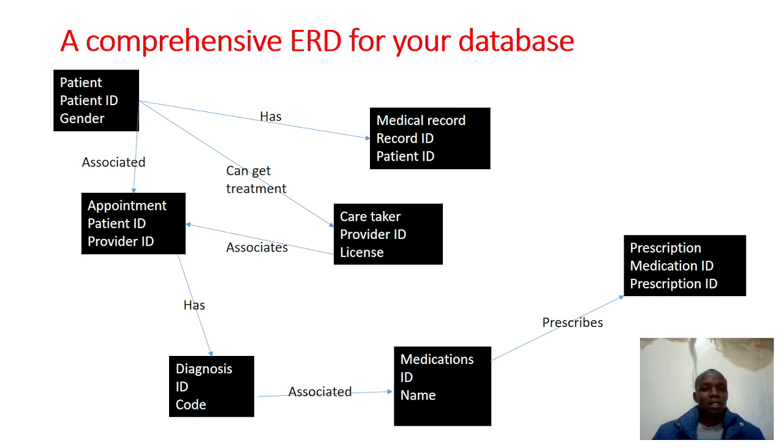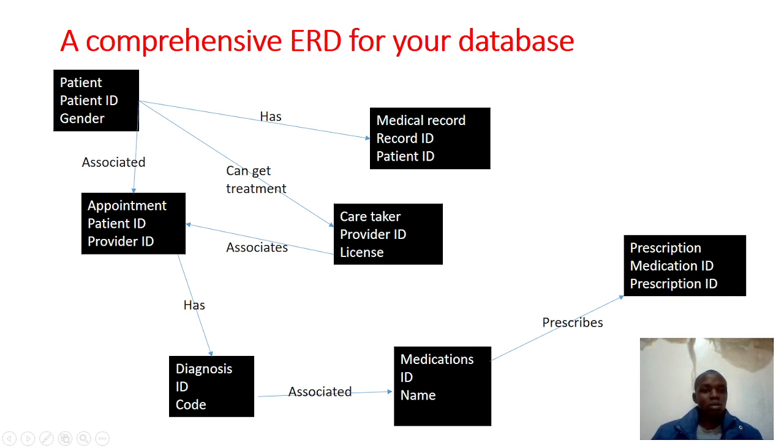We also went ahead and designed a comprehensive entity relationship diagram for our database, for my project but specifically for the database. I also presented to you this patient ID, patient and gender table, which is able to interact with the appointment, patient ID, provider, and also with the caretaker, provider ID, license.